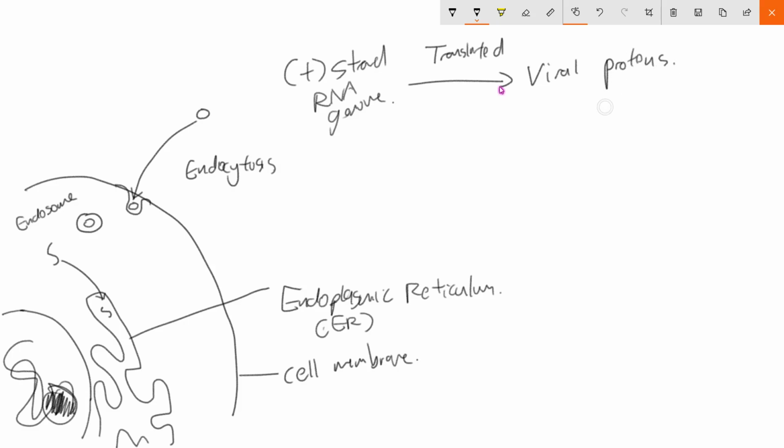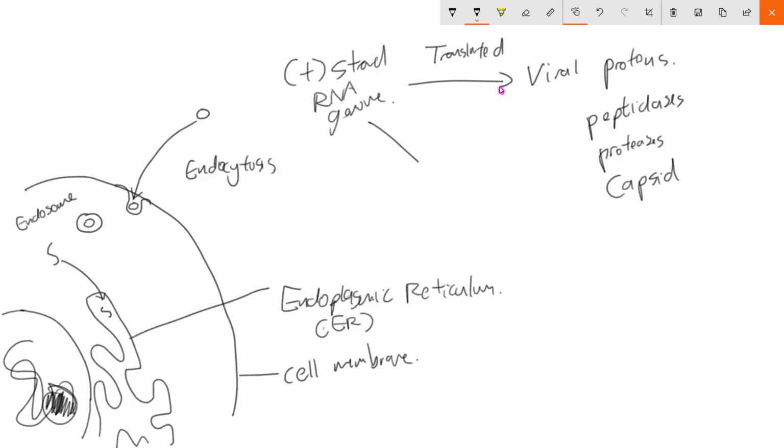Such as peptidases, required for the modification of some of your proteins, proteases, to digest certain proteins, as well as your very important capsid proteins, required for the encapsulation of your Zika virus.